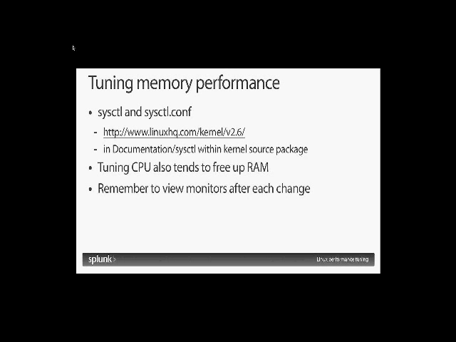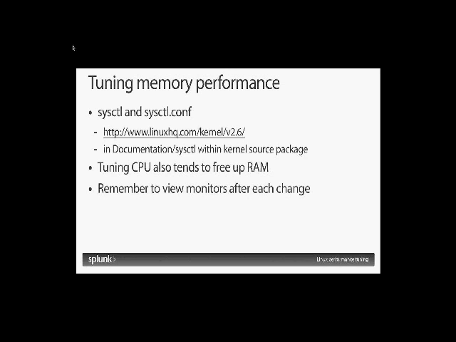Otherwise, you can go to linuxhq.com, kernel, go to whatever version that you happen to be running, in this case, 2.6, that's the latest. And then you can look in the documentation directory there. What I did was I downloaded the tarball, and I basically unpacked it so that I could look at the documentation. And we'll take a look at it in a bit.